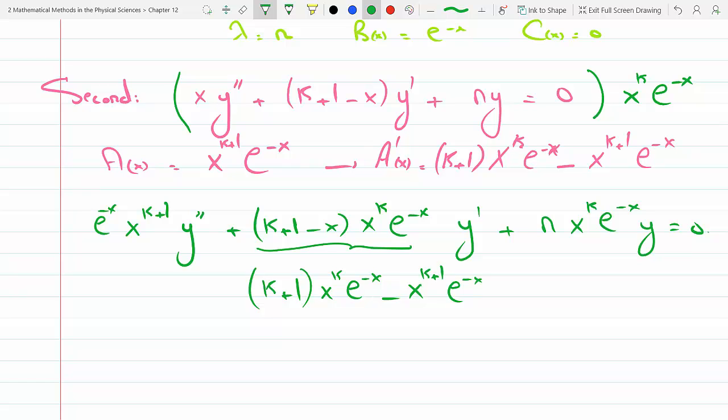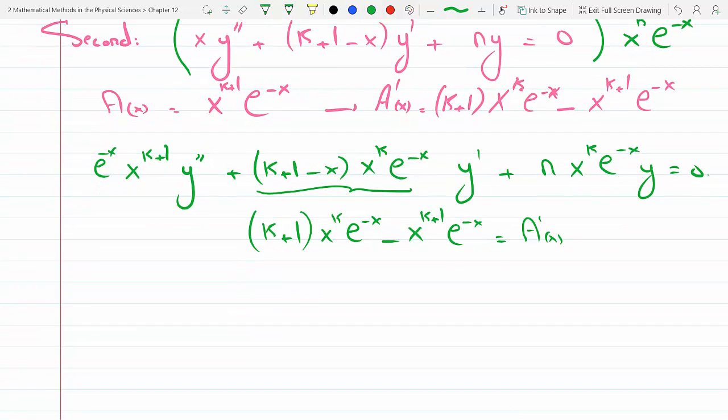So yes, this checks, this would give me exactly a prime. Okay, so it works. This is just a verification that my choice of the multiplicative factor x to the k e to the minus x indeed leads to the same result.